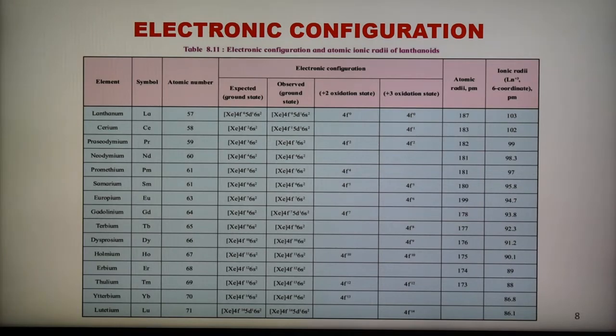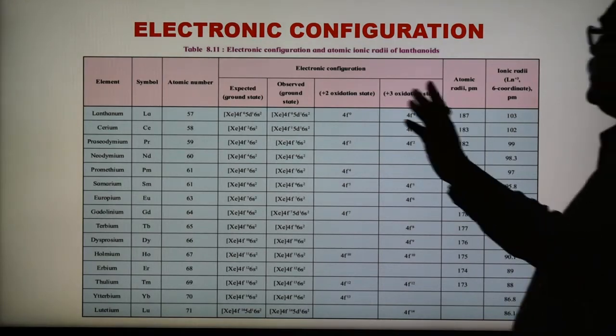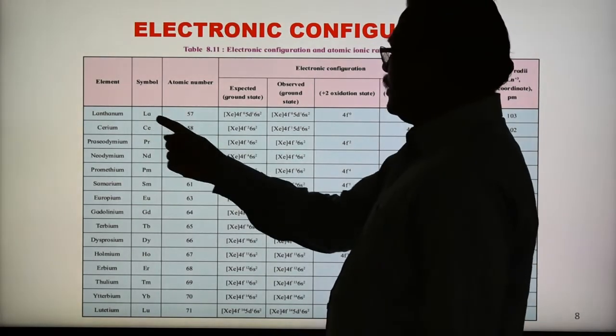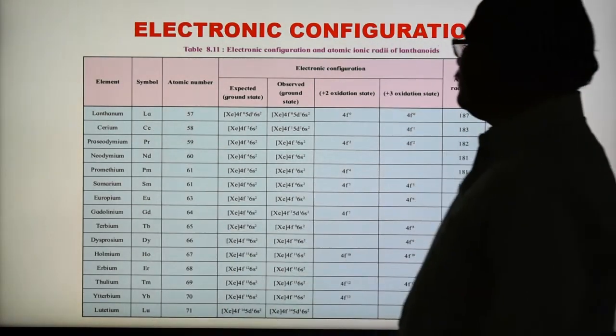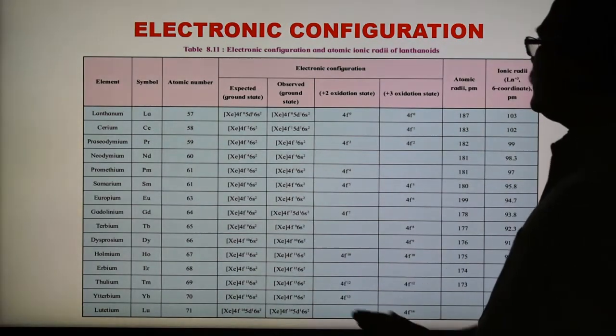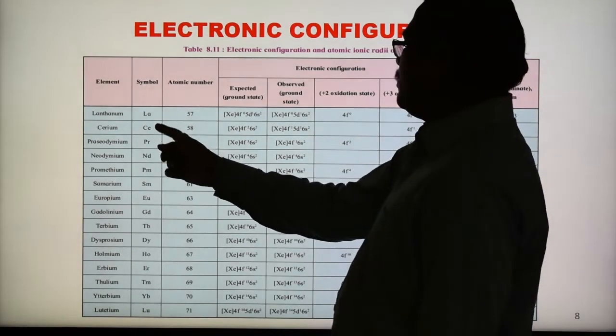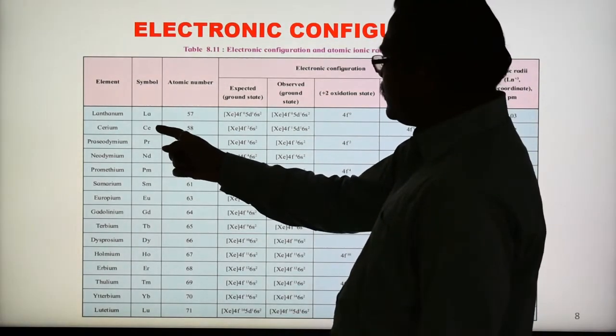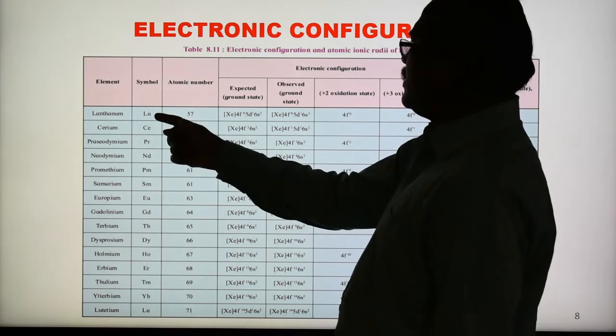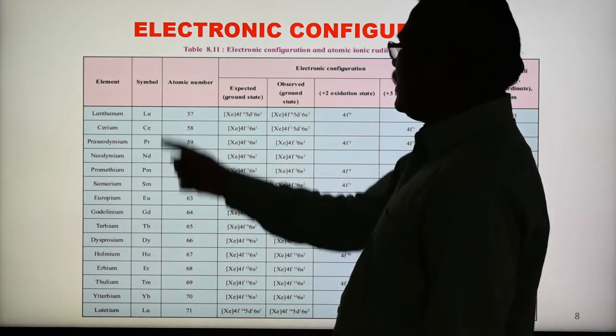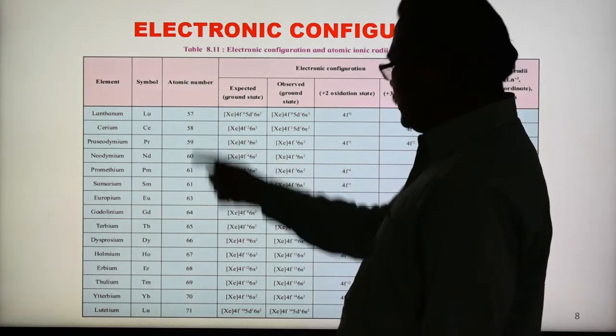So here there are 14 elements as we have seen, lanthanum to lutetium. Lanthanum is the first member, but the series starts from cerium, because all these elements come after lanthanum, from 57 to 71.